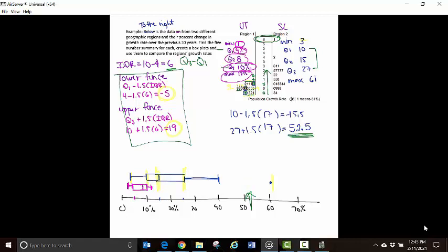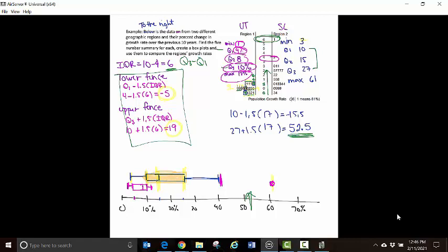So what I do is I put a dot at 61, and then I go down to my next lowest number, which is 42, and that becomes my maximum. Okay? And then again, what do these boundaries mean? Well, what statisticians said was, here is the middle 50% of data, right here.